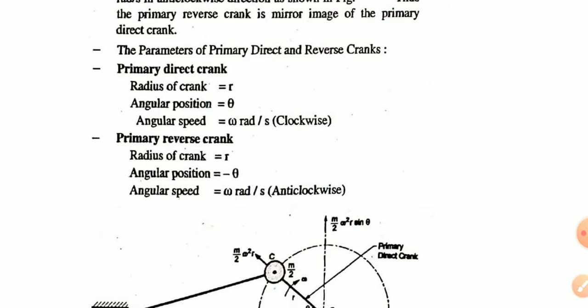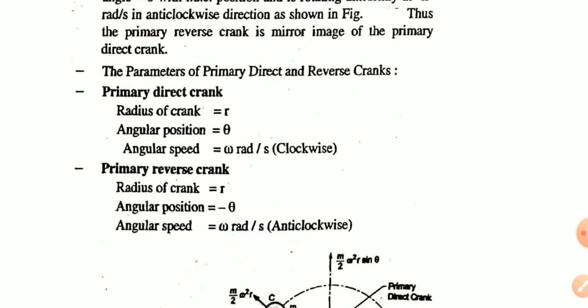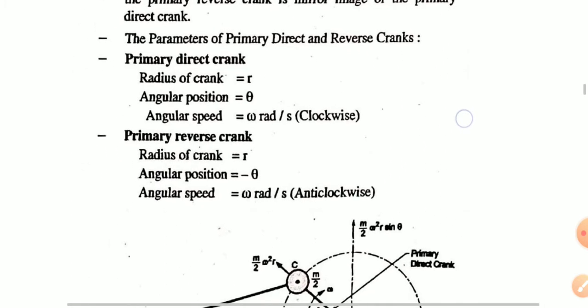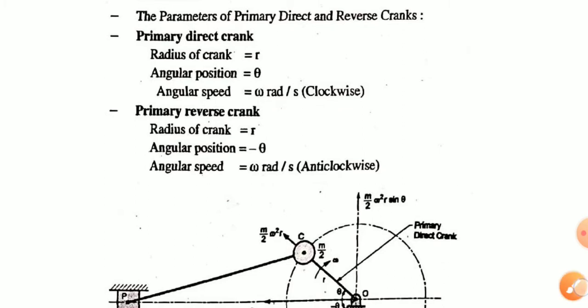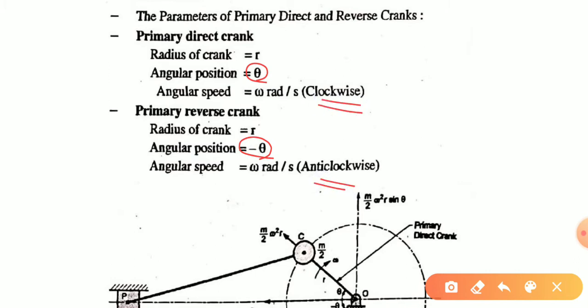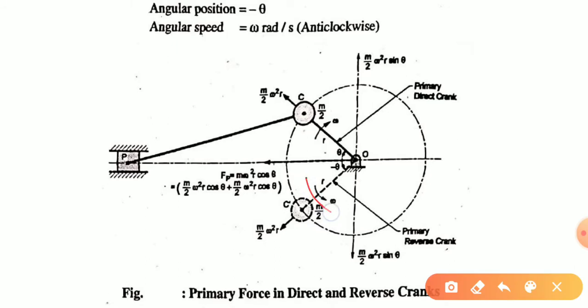So the primary reverse crank is the mirror image of the primary direct crank. There is only a change of angle, theta becomes minus theta, and the angular velocity is clockwise here and anti-clockwise here.